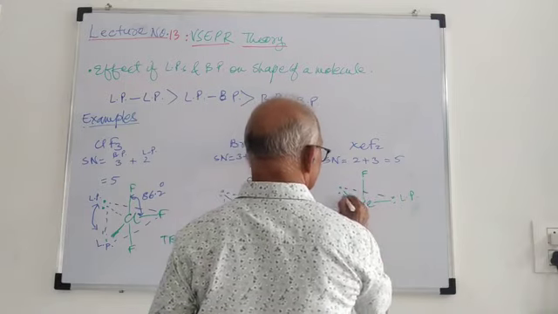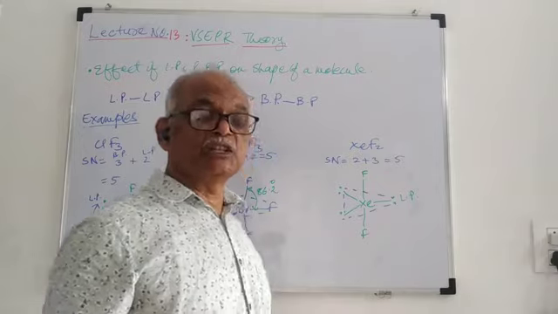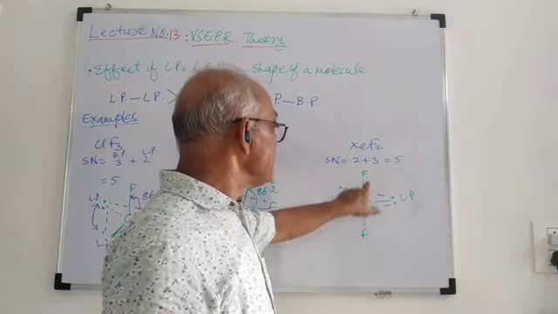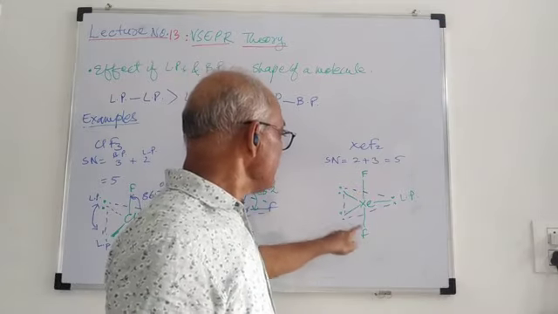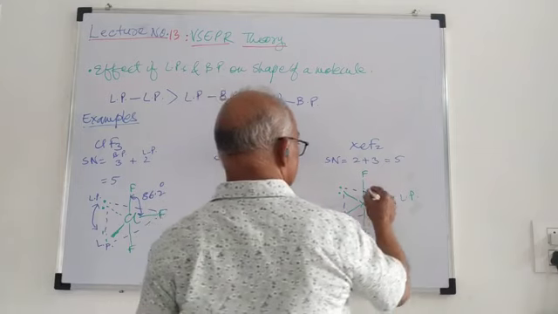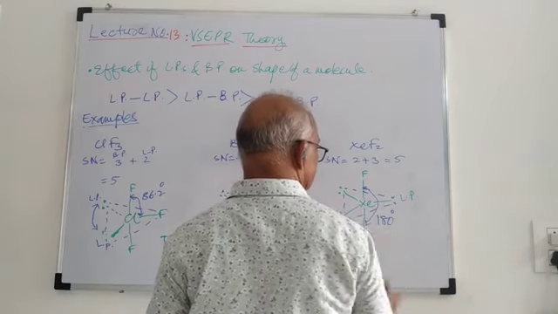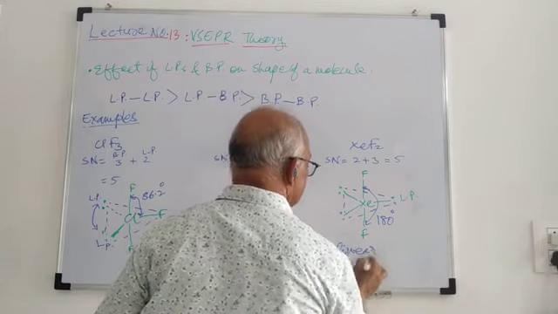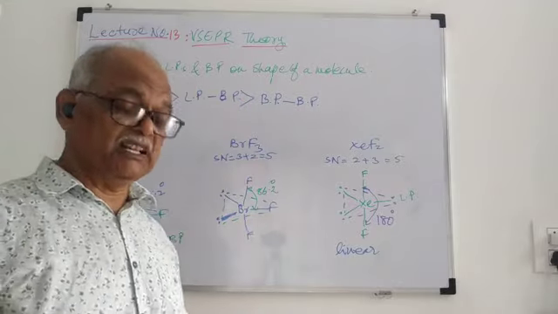These are shown in the XY plane, so three lone pairs are shown in the XY plane. So they have no effect on these bond pairs, and the F-Xe-F bond angle remains 180 degrees. So the molecule is linear in shape, but the structure is trigonal bipyramidal.